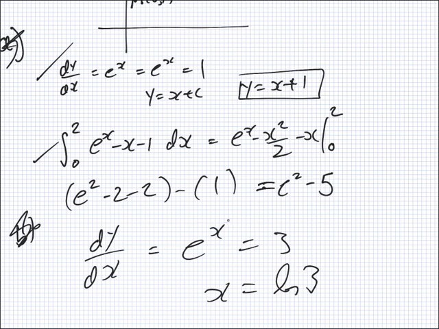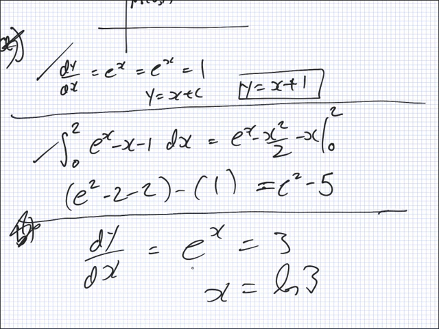That's the derivative, isn't it? And they want to know when's the derivative equal to 3. Is that what they said? When is the gradient equal to 3? Yes. So you make dy/dx equal to 3, so x equals log 3.